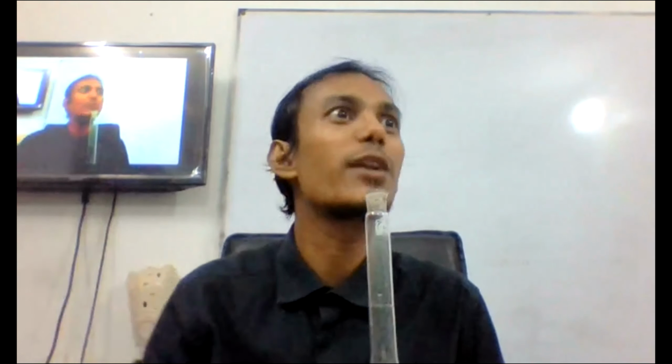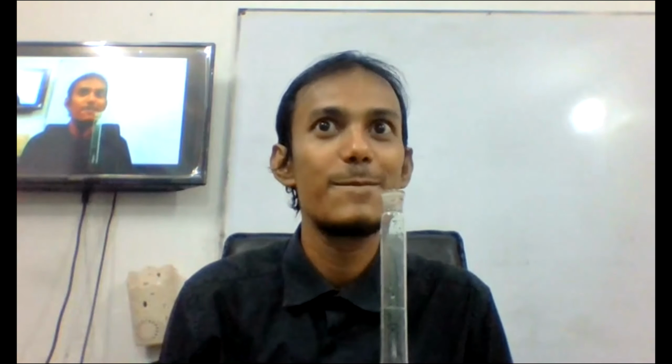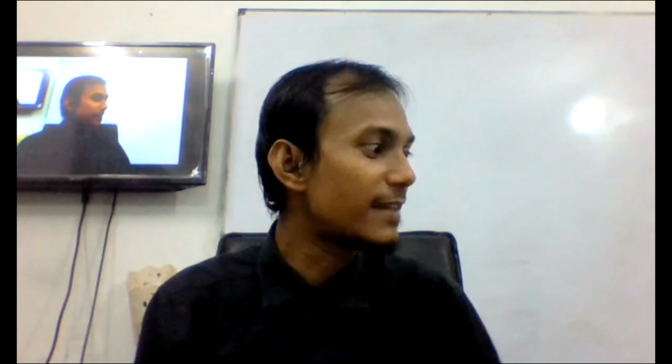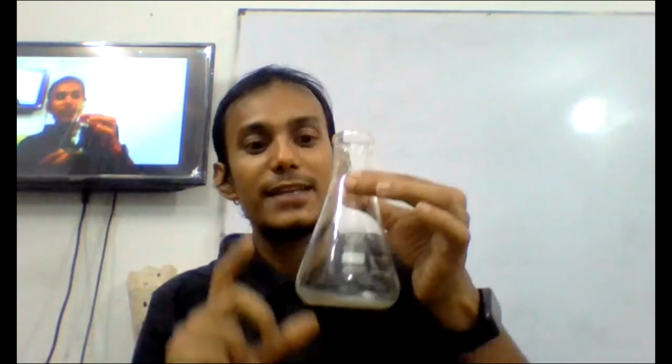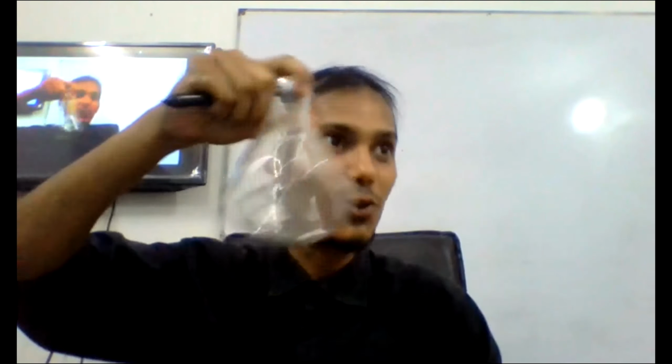With a spoon we transfer salt. What is our spoon called? Spatula. So that is the difference. Why is it shaped like this? Because if I swirl something in here, it will not fall down, right? It will not spill out.